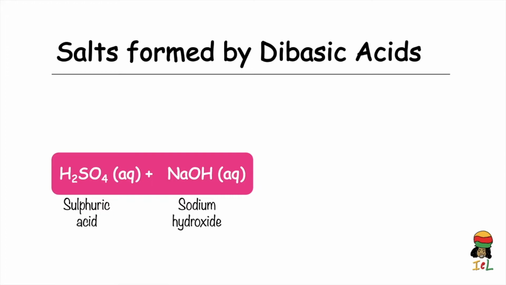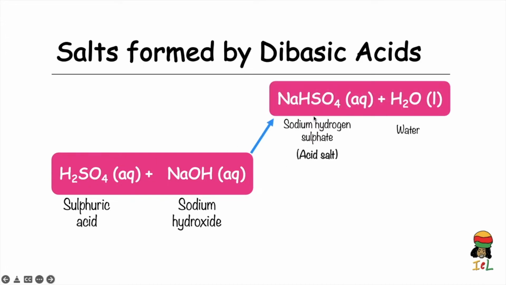In the case of the dibasic acid, we know that there are two possibilities, one being a normal salt and the other being an acid salt. So when sulfuric acid reacts with sodium hydroxide, our first option, if only one hydrogen is replaced, results in the acid salt. So as we can see, there's still one of the replaceable hydrogens from the sulfuric acid present in the formula of the salt, and this salt is called sodium hydrogen sulfate.